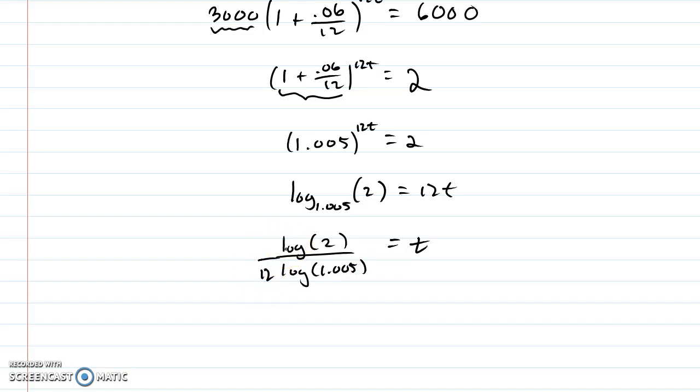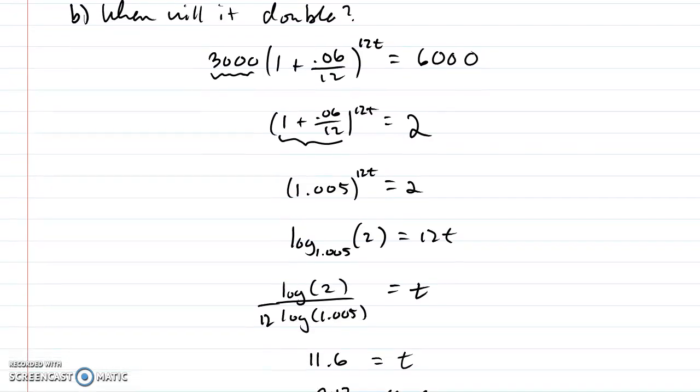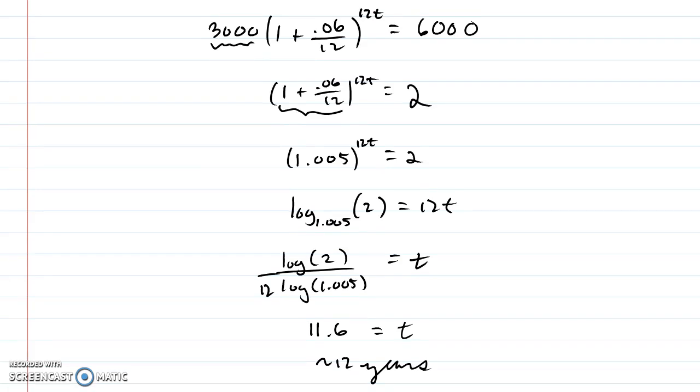So let me do that in my calculator. What I see here is that after about 11.6 years, or about 12 years, our amount is actually going to double. So again, if they don't give you a starting amount, it's okay. Just choose any starting amount. Just make sure you set it equal to twice the value.